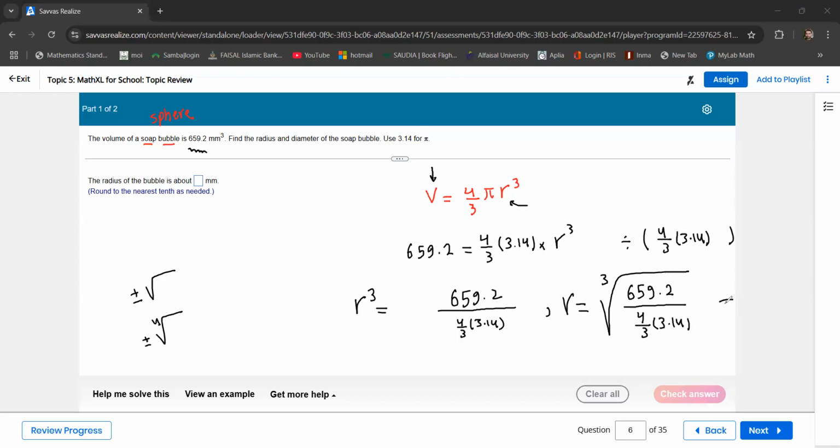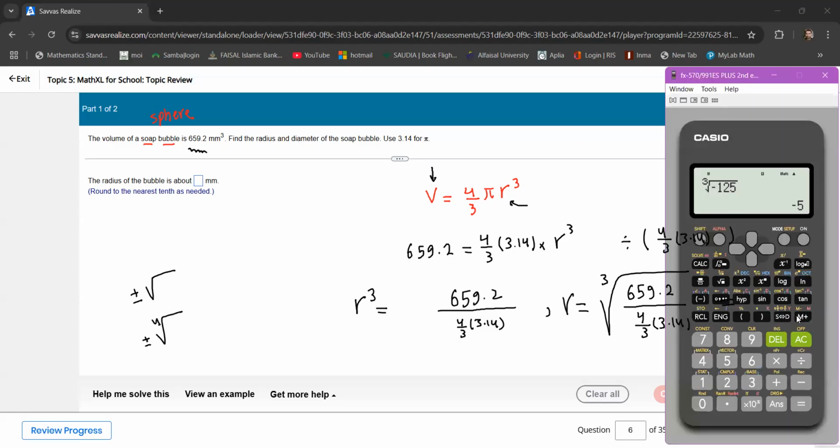And let's see r. Using the calculator, the cubic root of 659.2 divided by 4 over 3 multiplied by 3.14, and this should be the radius.